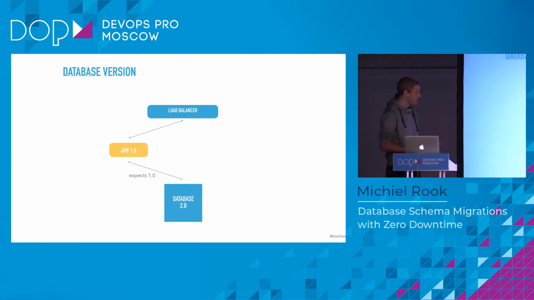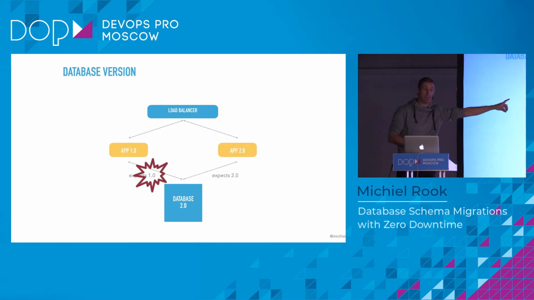Does this work? Well, it could, maybe, but potentially it will break. Because the schema that is expected by app version 1 is 1.0. And now we actually changed the database schema without informing the app. That was not so cool, right? We were not so friendly to that application. And we then deploy app version 2, which actually requires the database schema to be in version 2, and that totally works.